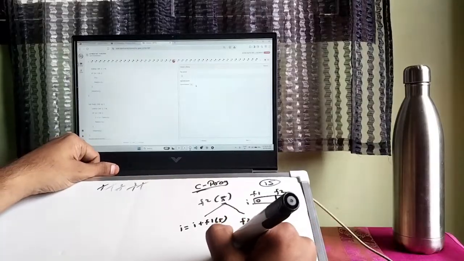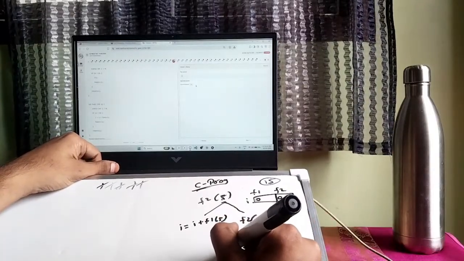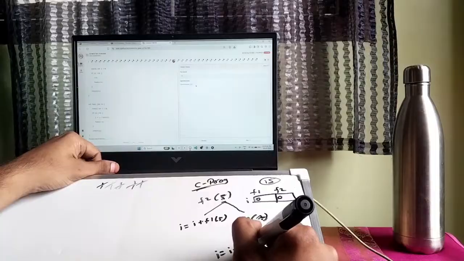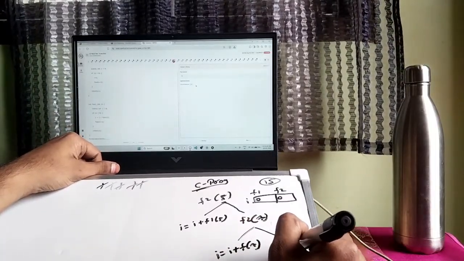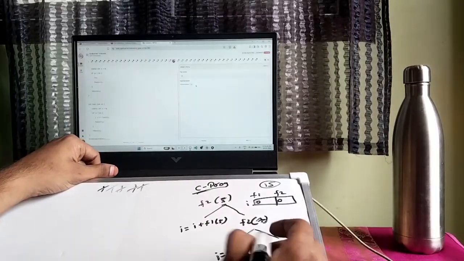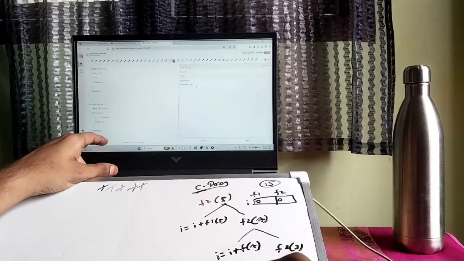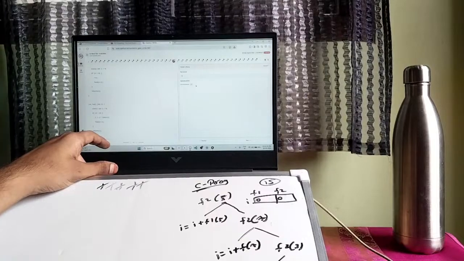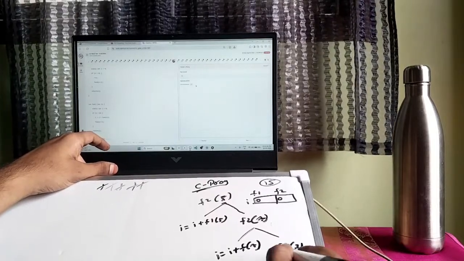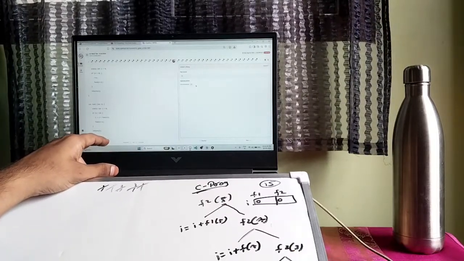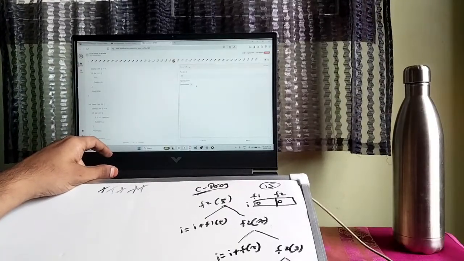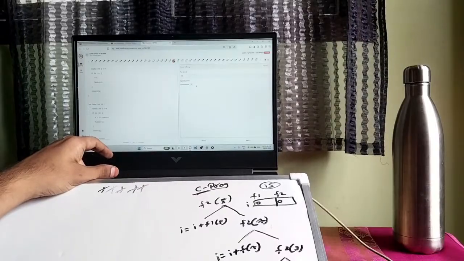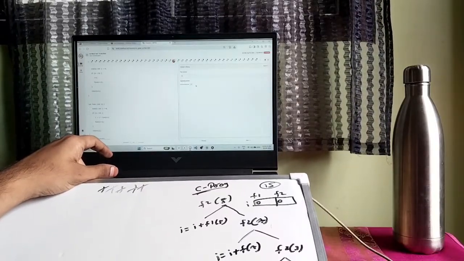If we go like this, it will become I equals I plus f2 of 4, and here f2 of 3. We can also find these values like that, f of 3 becomes f of 2, I equals I plus f2 of 1.